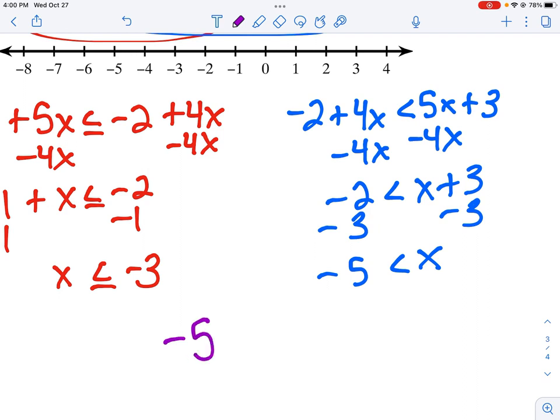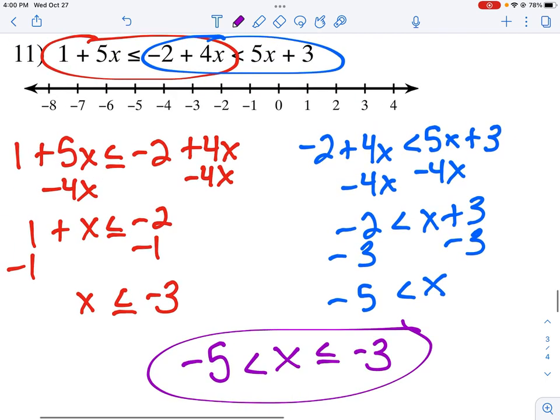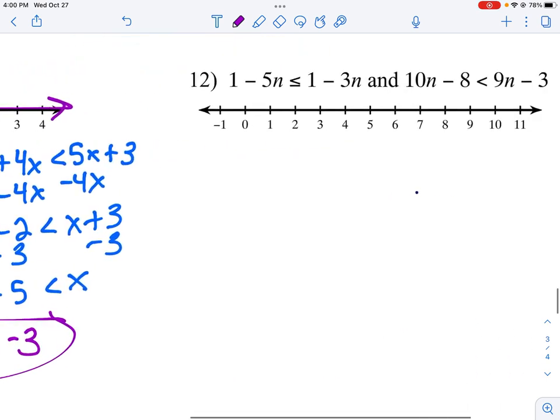So we have negative 5 is less than x, which is less than or equal to negative 3, because the smaller number always goes on our left. Negative 5 is open. Goes that way. Negative 3 is closed. Goes that way, and they overlap here. All right, let's do the next one.